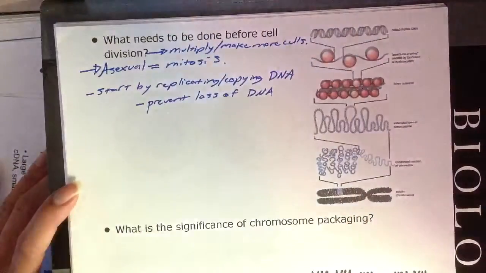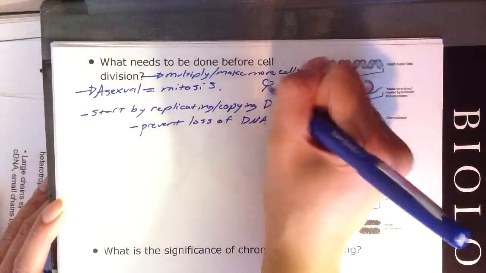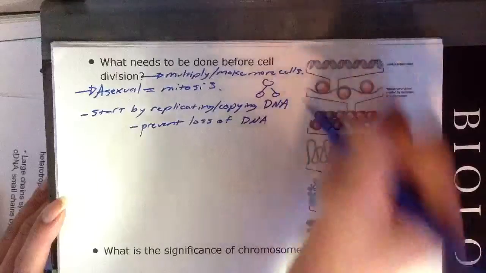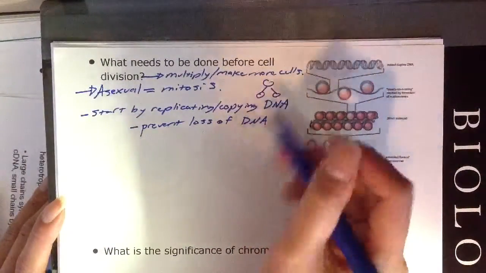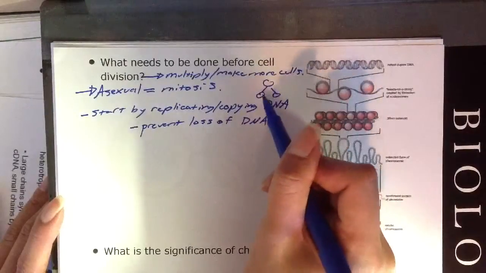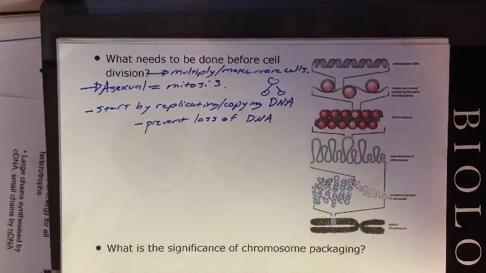Okay? If we're making two cells from one cell, that first cell that has the original DNA, well, we don't want to have to split that DNA in half and lose information in our new daughter cells. We don't want to not have all of the information that we need.